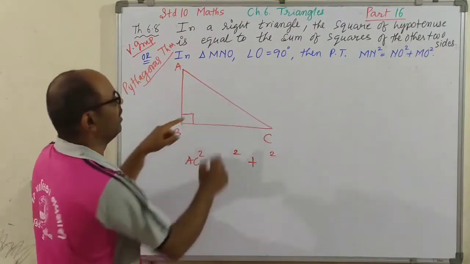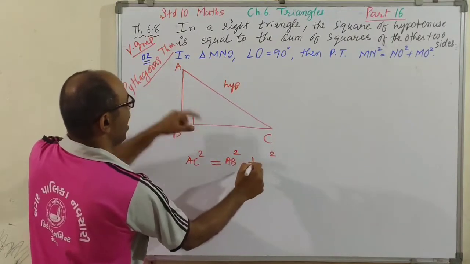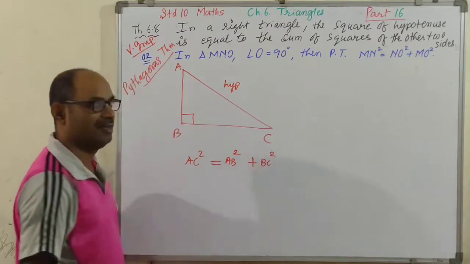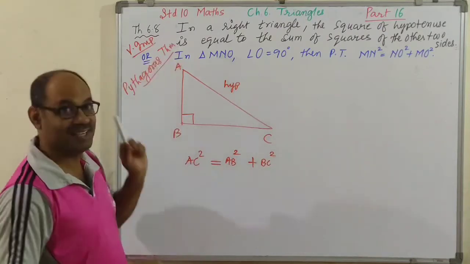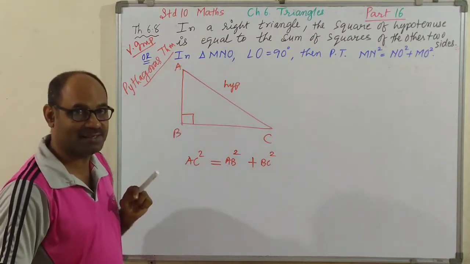If AC is hypotenuse, then which are the other two sides? AB and BC. I'll read the statement again. This is called Pythagoras theorem. This is the statement of Pythagoras theorem.